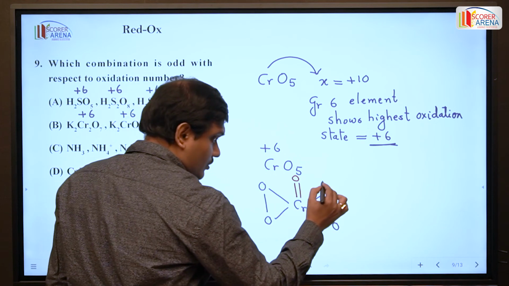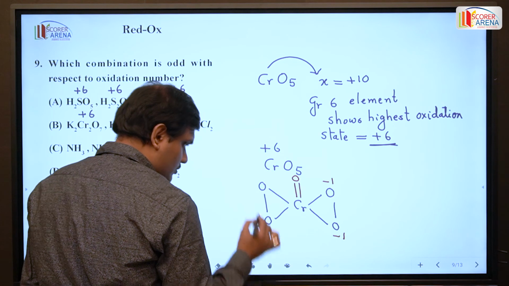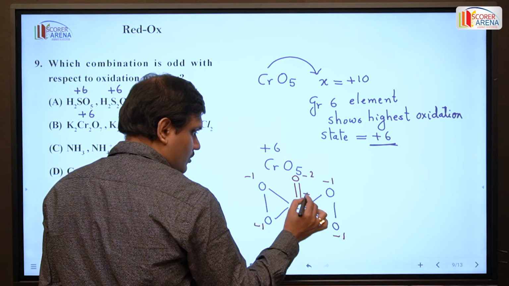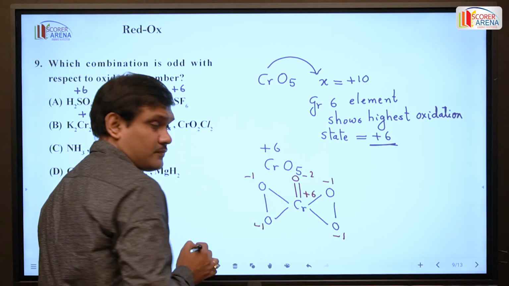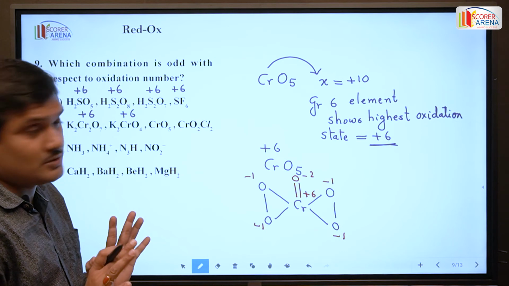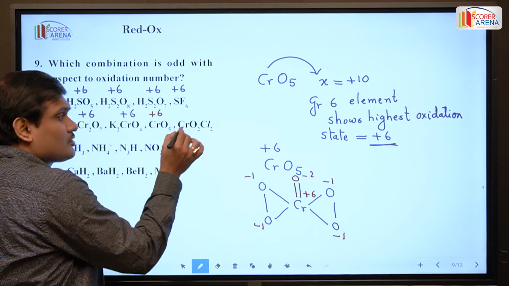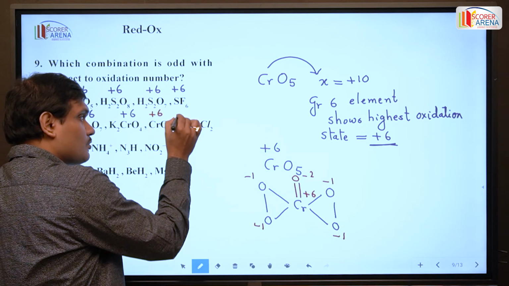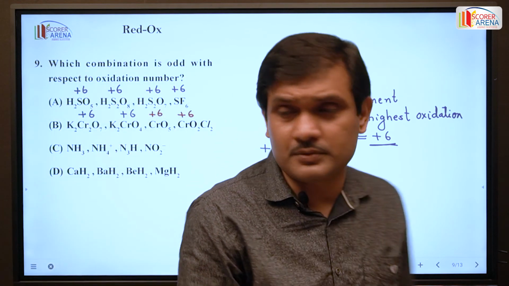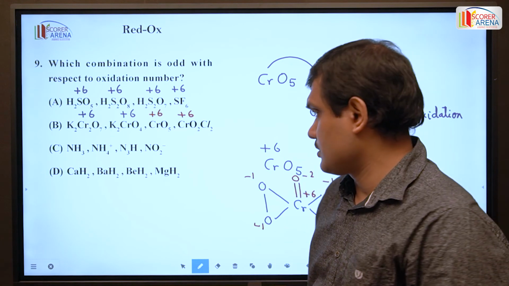Here this oxygen is -1, this is also -1, but this oxygen is -2, and you get a total of +6 oxidation state. It is chromium peroxide. In CrO5, chromium is in the +6 oxidation state. And in CrO2Cl2, chromium is also +6. So there is no odd one. In all these compounds, chromium is in the +6 oxidation state.